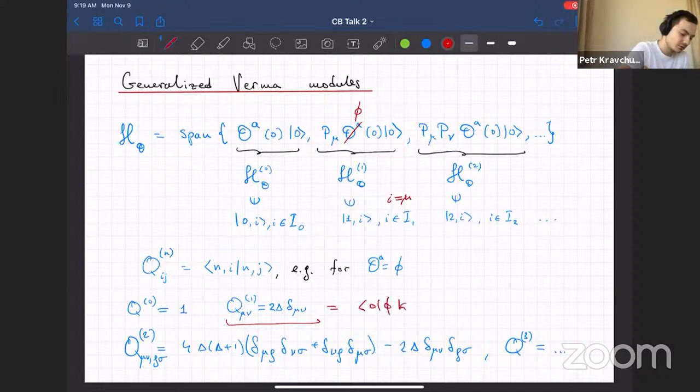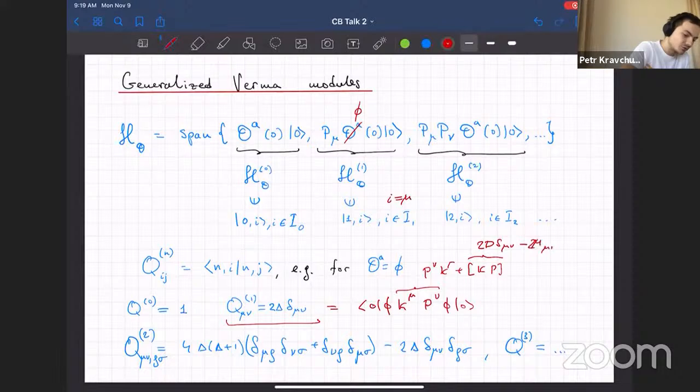We take the conjugate of P phi, and we take P phi without taking the conjugate, and we take the commutator, so this becomes linear plus the commutator of K and P, which is 2 d delta_{mu nu} minus 2 M_{mu nu}.